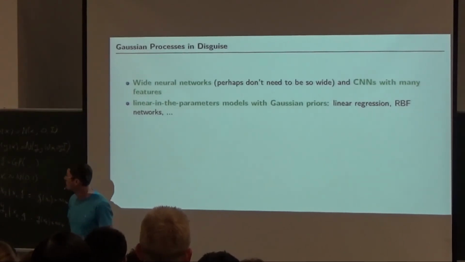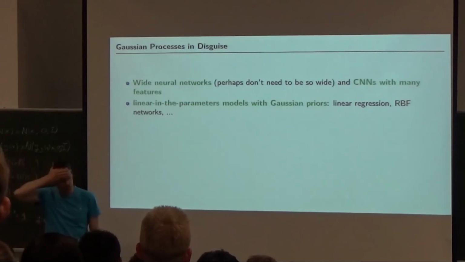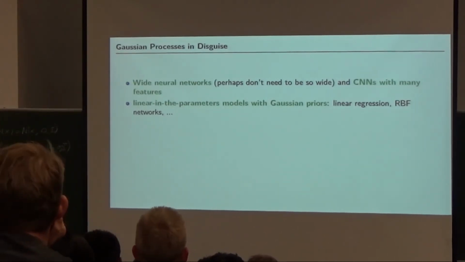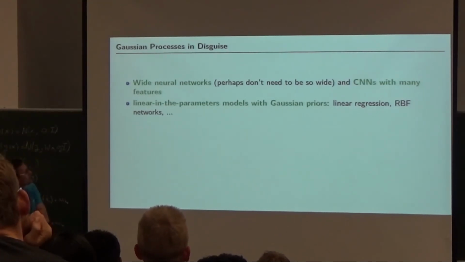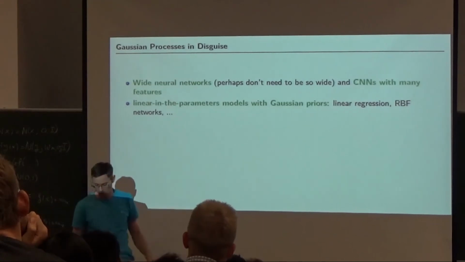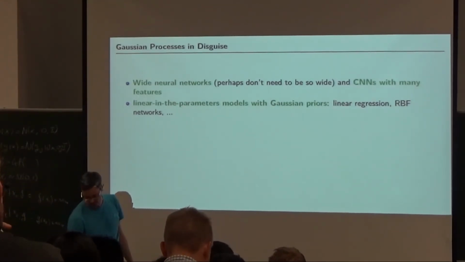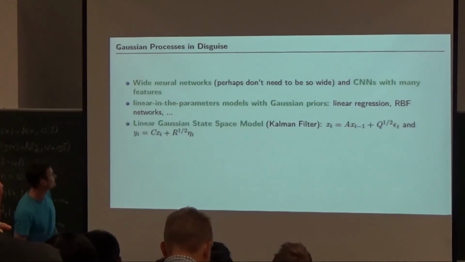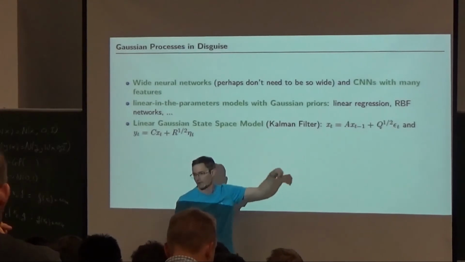Okay, a few last comments on Gaussian processes in disguise. Neural networks that are very wide are Gaussian processes in disguise, as are CNNs with many features. Linear in the parameters models, which we talked about earlier, and in the RBF example, are Gaussian processes, like Bayesian linear regression. Linear Gaussian state space models, aka the Kalman filter, are also Gaussian processes.